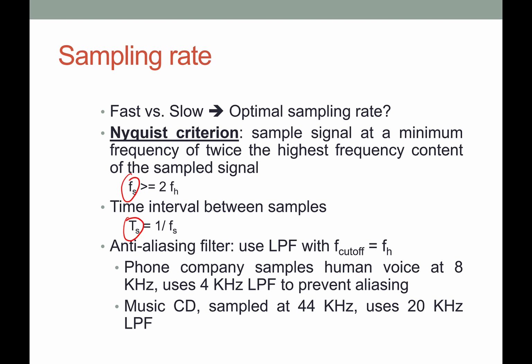Now, the whole point of doing that is if you then go back and try to get the analog signal from the sampled signal, if you have a brick wall low-pass filter, where everything up to a cutoff frequency passes and everything past that frequency gets cut off completely, then you can end up getting a replica of the analog signal.